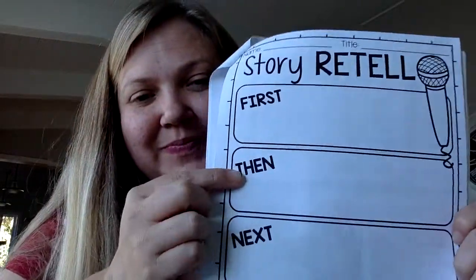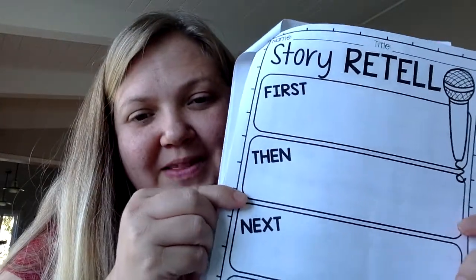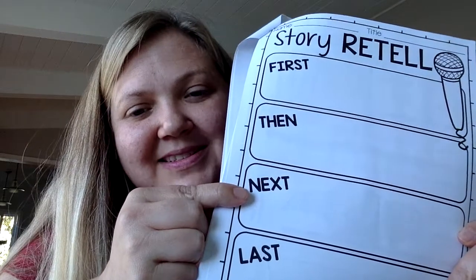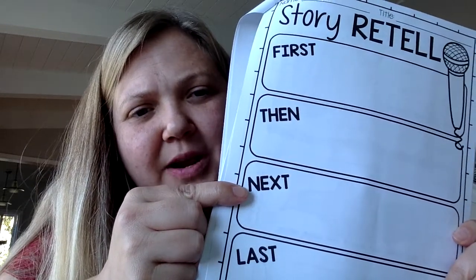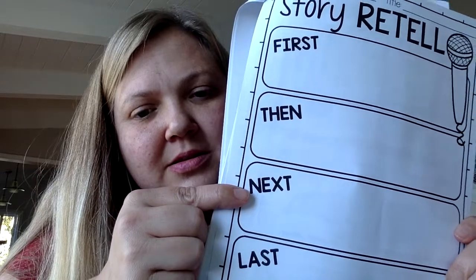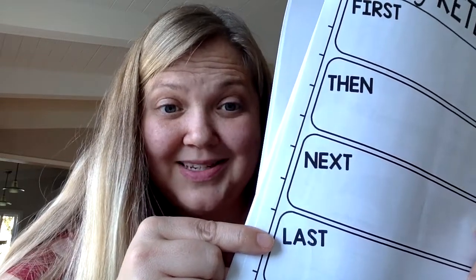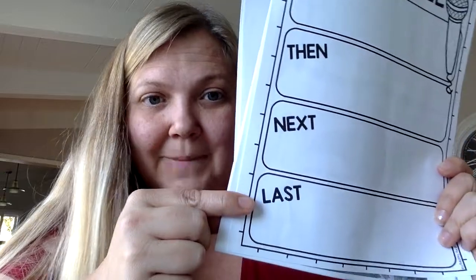Then, what happened in the story? Next, what did he try to build the nest out of? What were the things? Last, did Albert get the nest that he wanted? How?